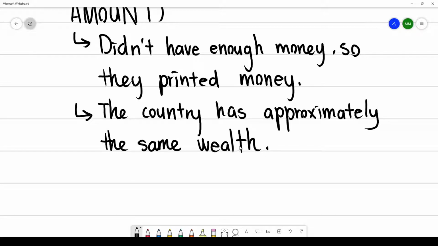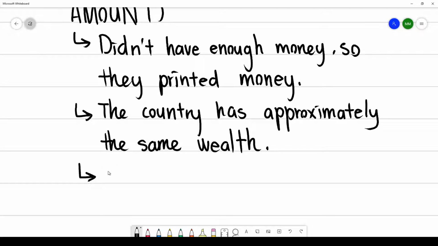When you print more money, food doesn't just come out of nowhere. The amount of food, or the number of products, like steel and all those kinds of things, remain approximately the same, right?